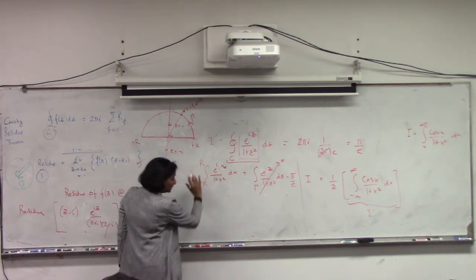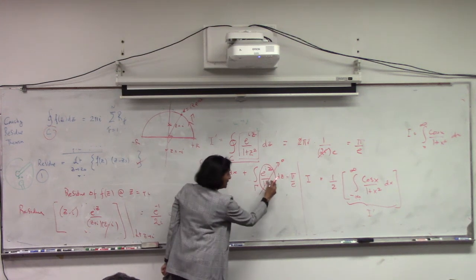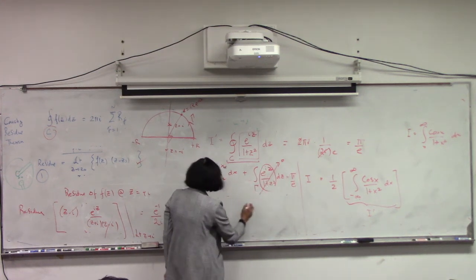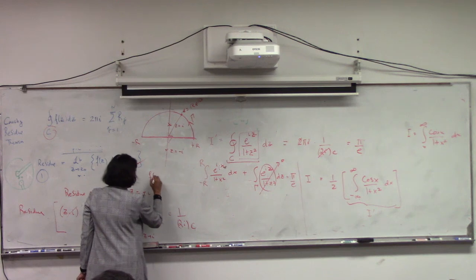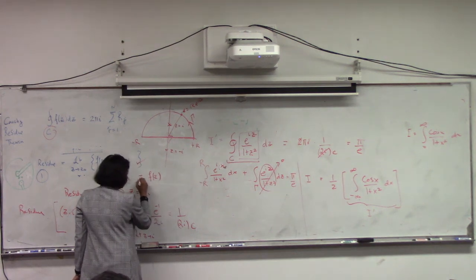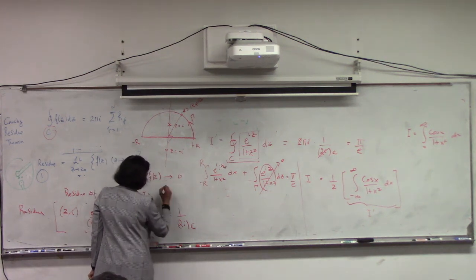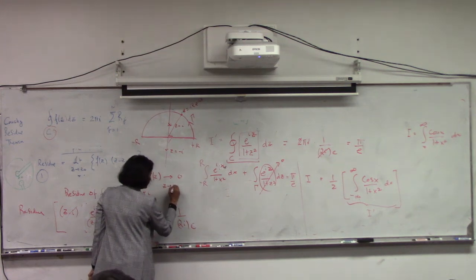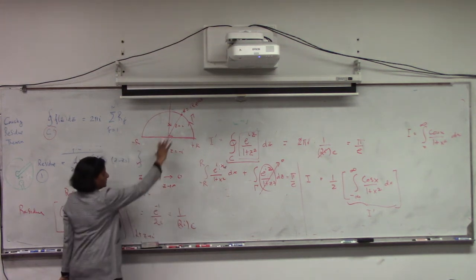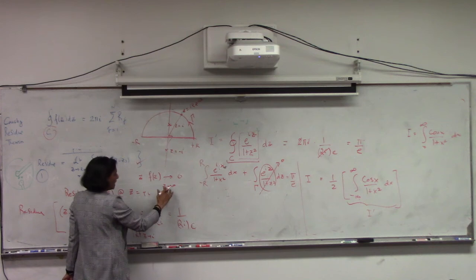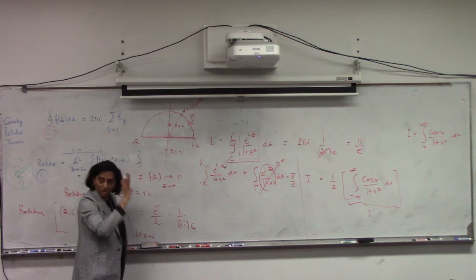Let me just finish this. The nature of the integrand that you are trying should be such that f of z times z goes to 0 as z tends to infinity. It's the same as R times the maximum value of the function, for R tending to infinity, must become 0.